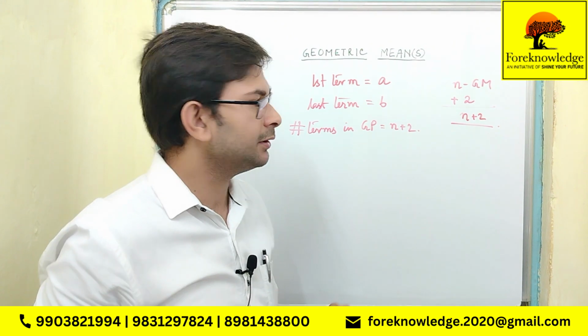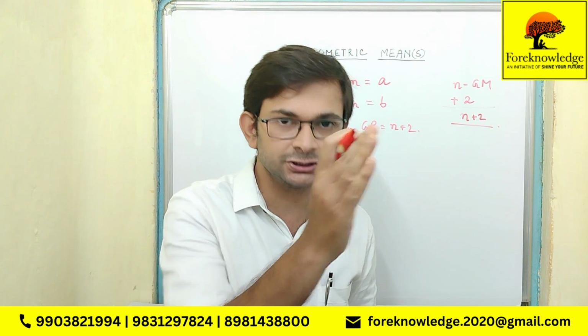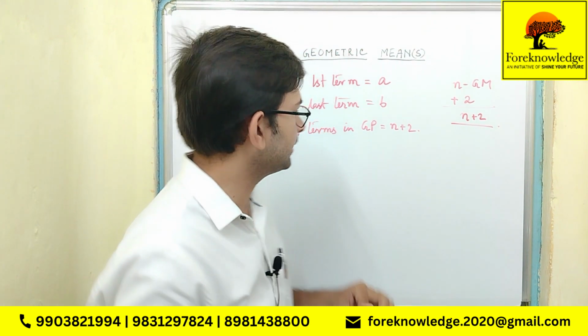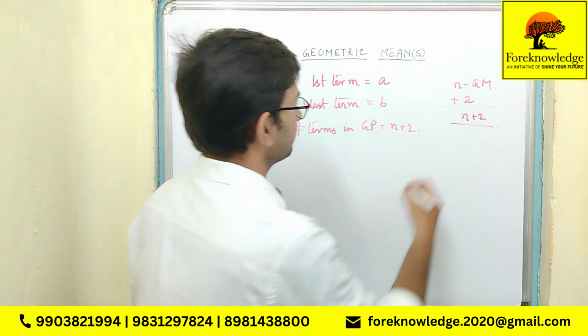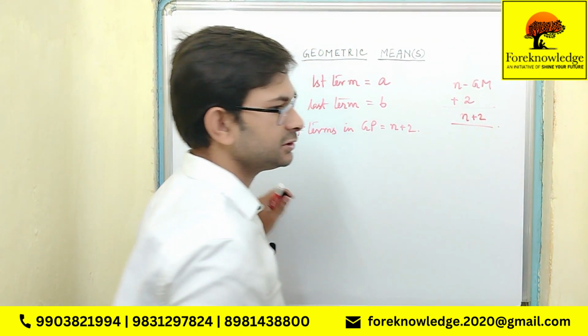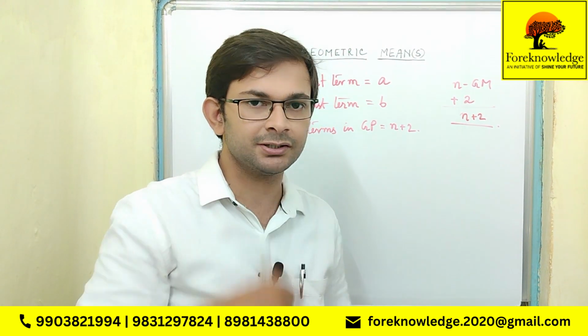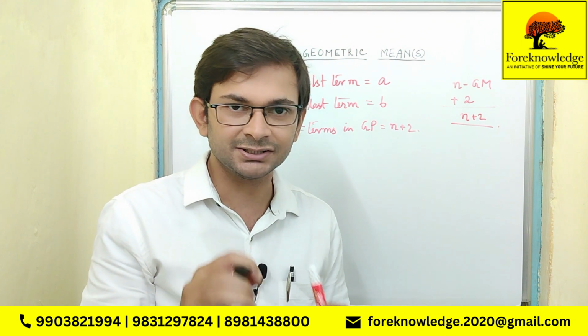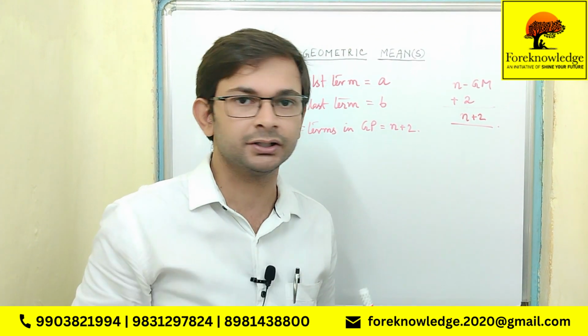Now, using this, we have to find the common ratio of the GP. What is the common ratio? In a GP, the ratio of a term to its previous term is fixed. That fixed ratio is called the common ratio.